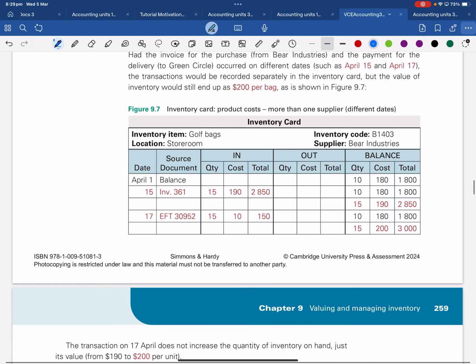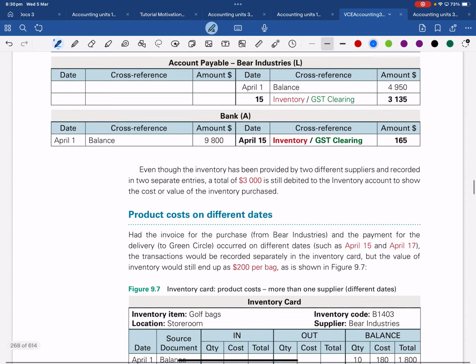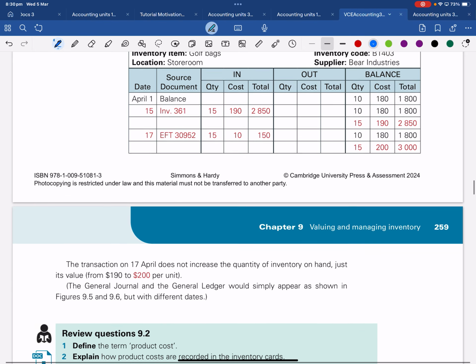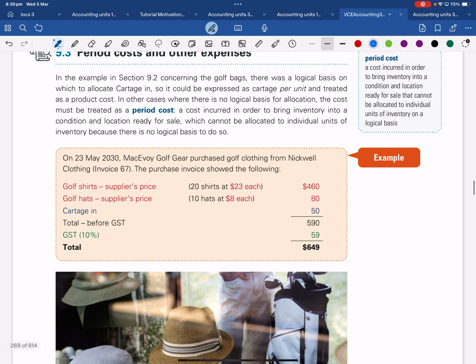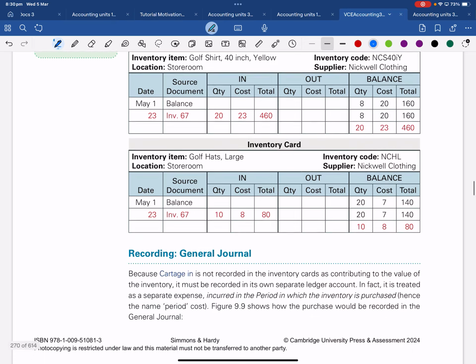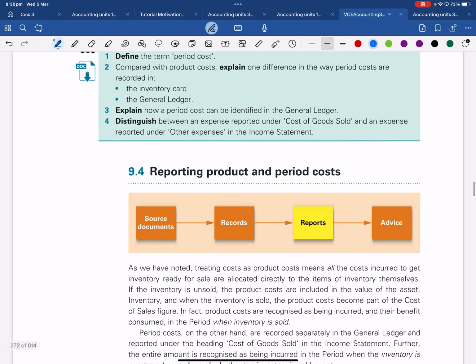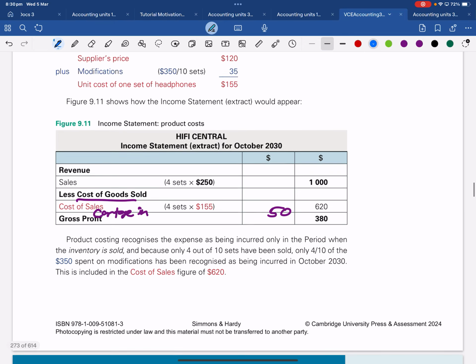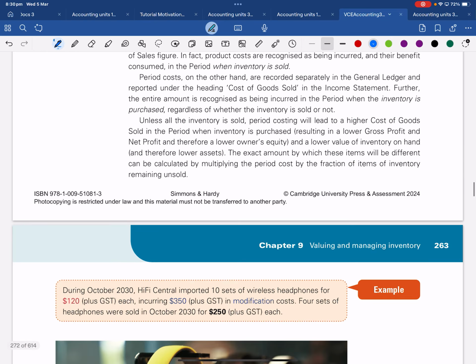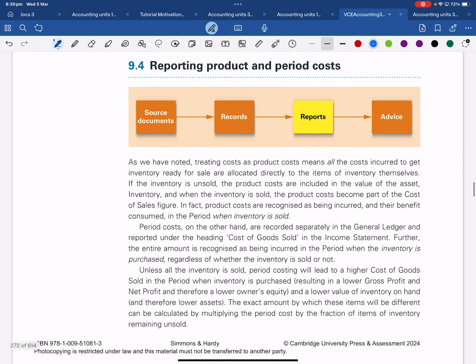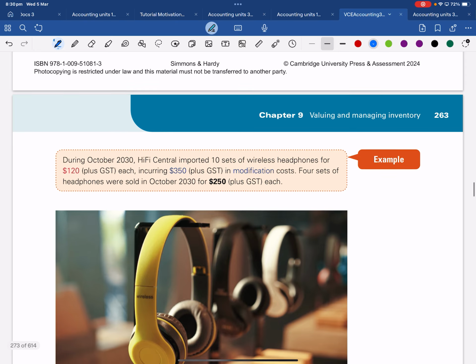But let's say we identify it as a period cost. Regardless, in the period in which we incur it, we will identify the entire cost as an expense. That's the difference. I'll show you an example in the textbook, otherwise it will be a bit complicated.